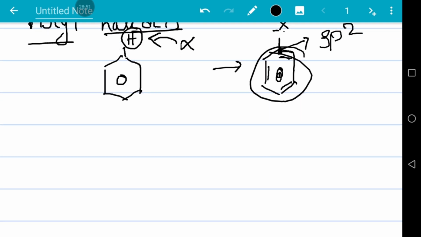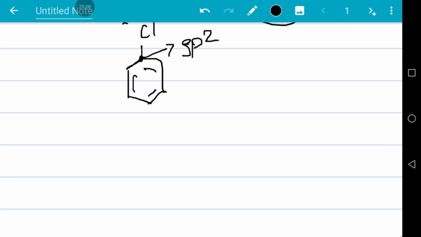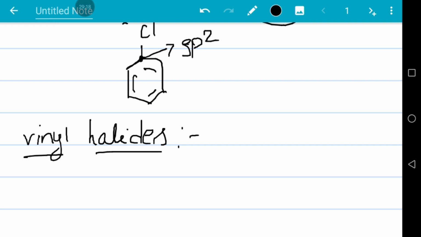For example, one more example, chlorobenzene. So here halogen is attached to this carbon. So this carbon is which hybridized carbon? sp2 hybridized carbon of a benzene ring. So that's why it is a aryl halide. Next, after that, vinyl halide. So vinyl halide means halogen is attached to sp2 hybridized carbon of a double bond only.